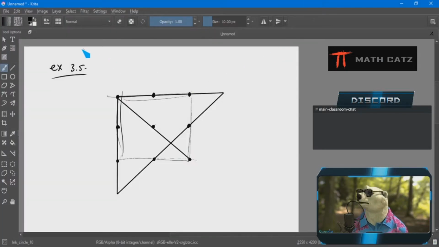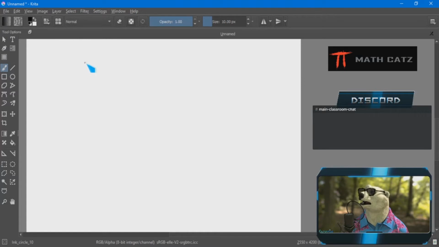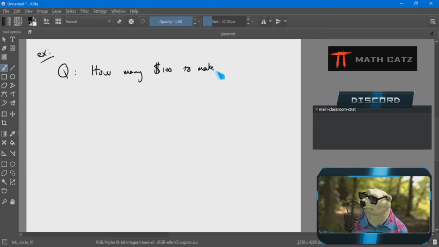For example, this is just a random example I happened to see a couple of days ago. In a grade 4 class, the question was, how many $100 bills does it take to make $9,000?